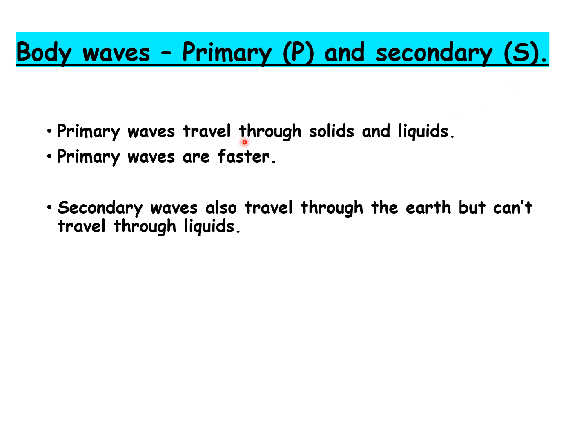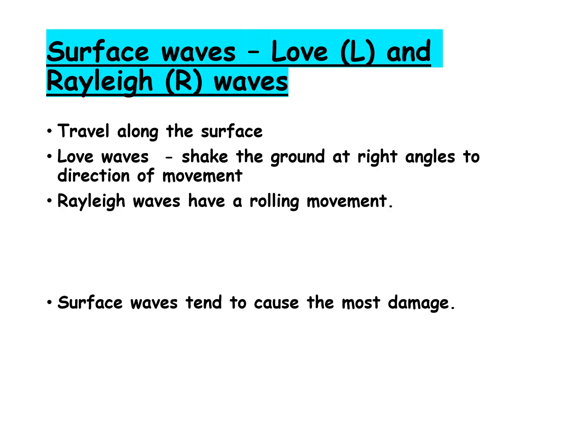The primary waves travel through the crust, the solids, and liquid as well. They can travel through that. They're the fastest. And the secondary waves also are body waves, but they can't travel through liquids. Okay. So they're the body waves.